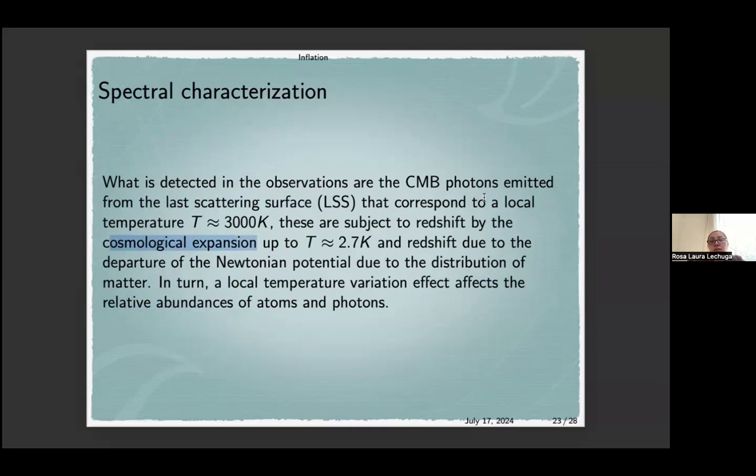The temperature that the photons had on this surface is this, and the temperature that we have today is this. With this change of temperature, they connect it with the expansion of the universe using the redshift.